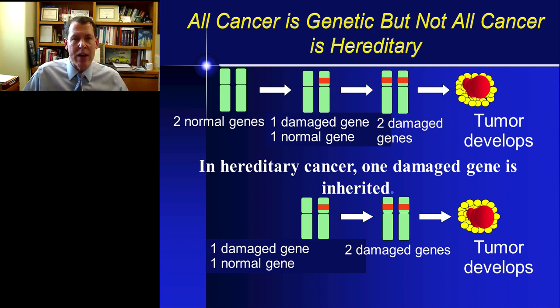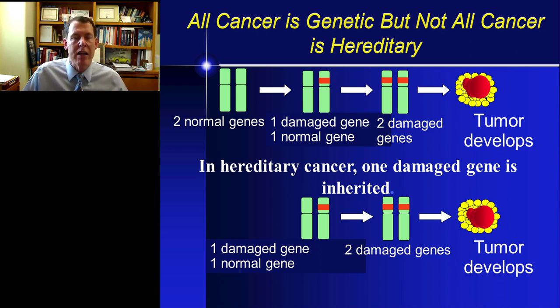In hereditary cancer, one of the damaged genes is inherited. Therefore, it takes less effort or less random events to cause that second damage, and then a tumor develops. So if you're born with one altered gene, instead of having two mutations develop in two alleles, you only need one.